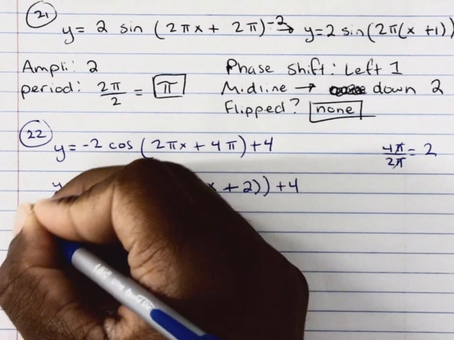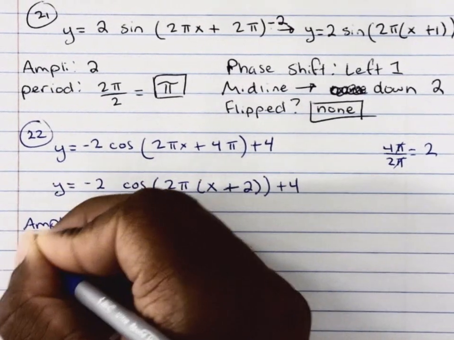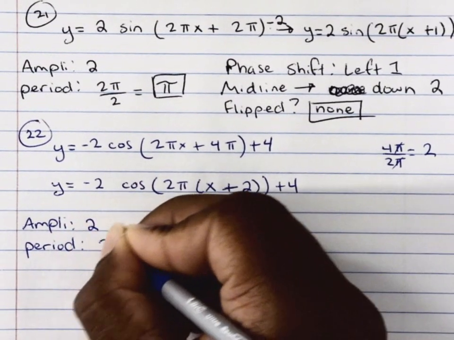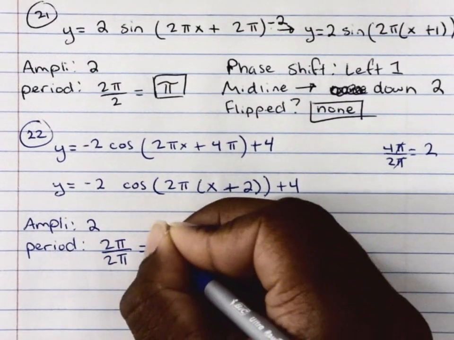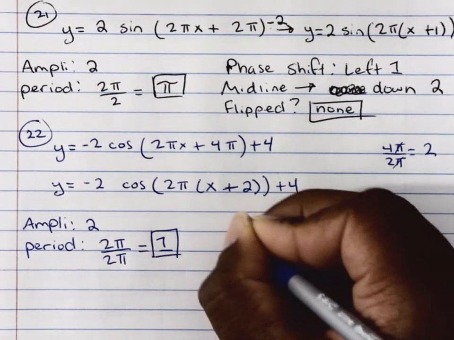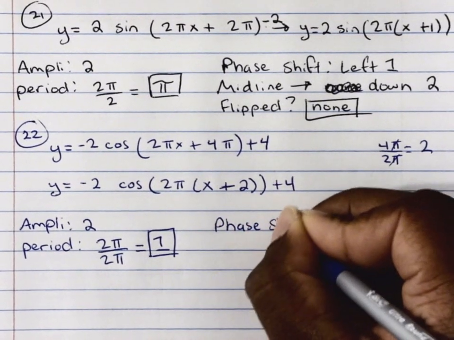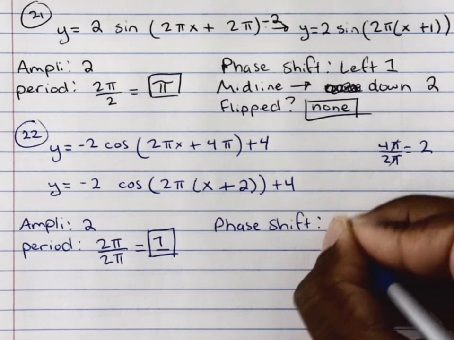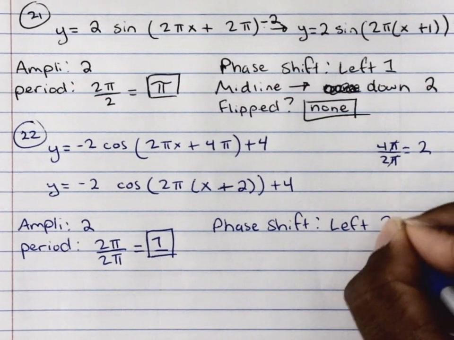So now we're ready to go. Amplitude is 2. Period of cosine is 2 pi over b, where b is 2 pi. So this period will be 1. Phase shift. Now that I see it in standard form, it will be left 2, not 4 pi.